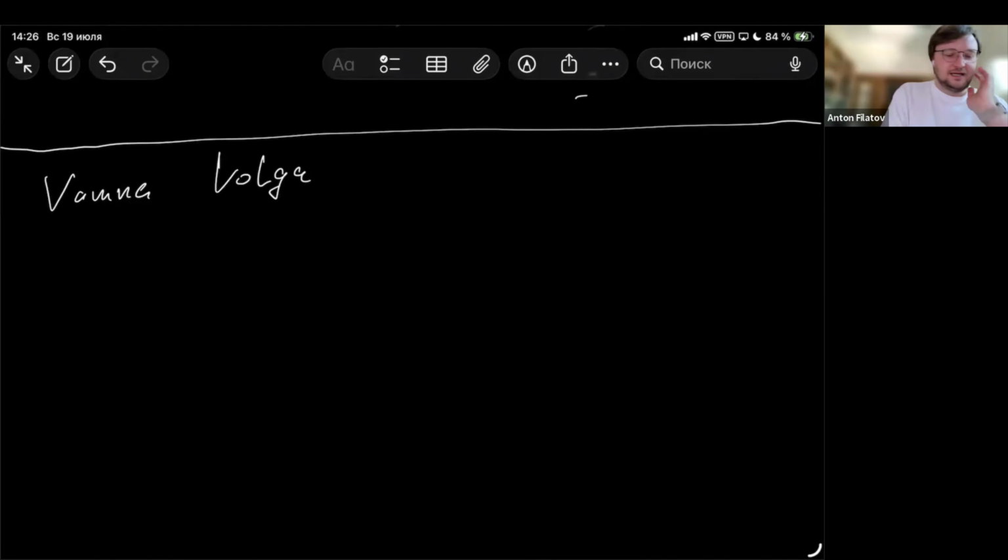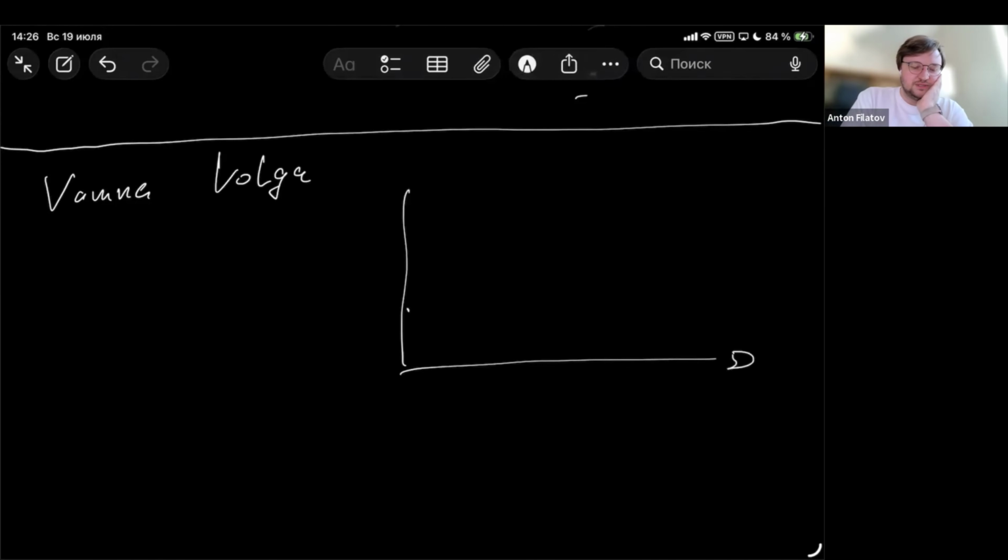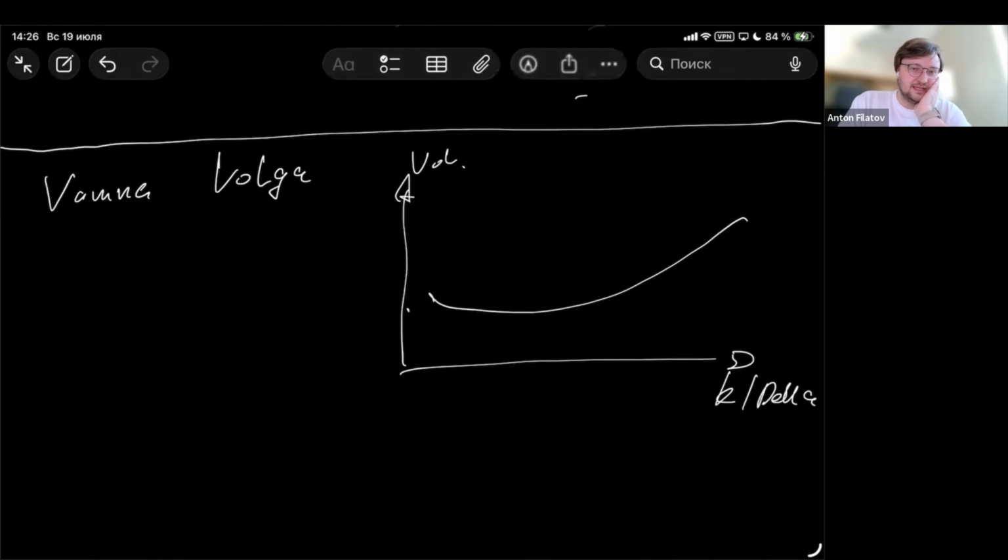That's a huge chunk. So we know how to construct a volatility surface by strike or by delta. And by strike, it's basically just a dependency of volatility on strike. Nothing more can be said about it.